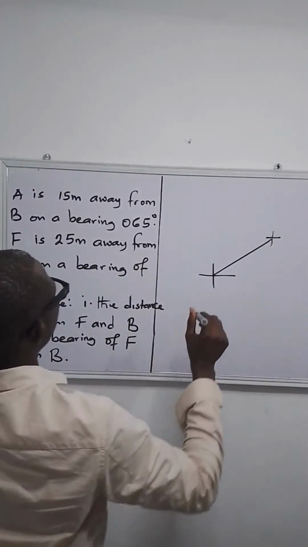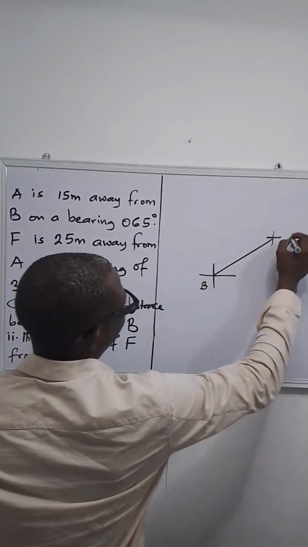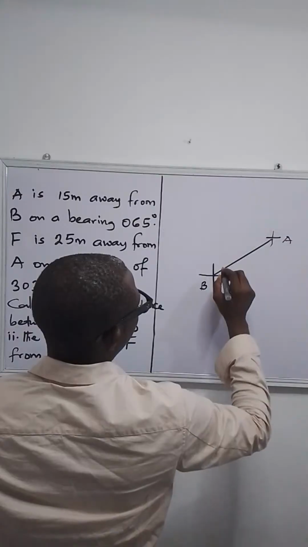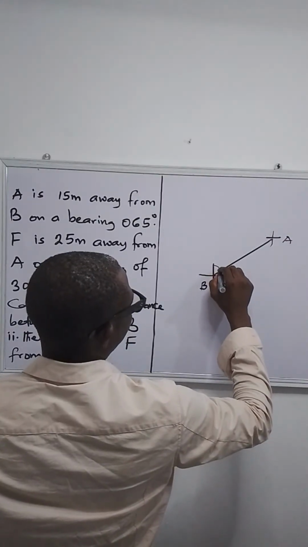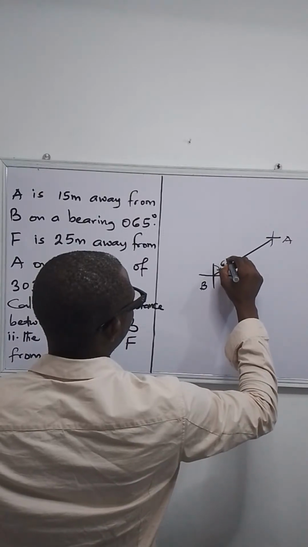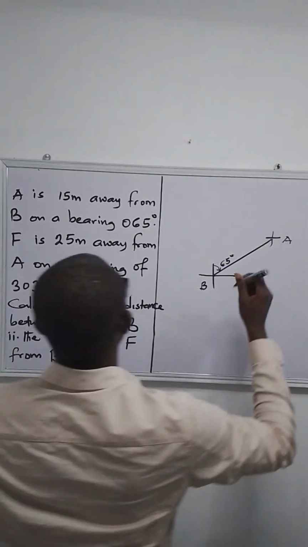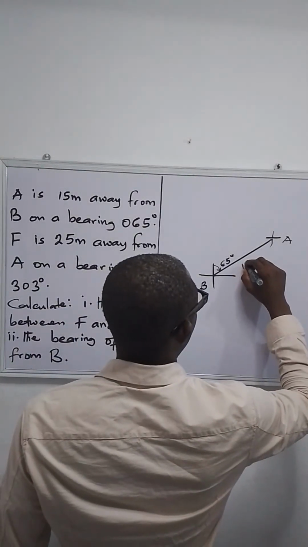So A is 15 meters away from B. Now this is B and this is A. And the bearing here is 65 degrees. Okay, and we have a distance of 15 meters.